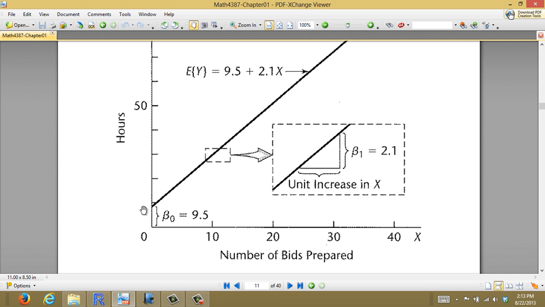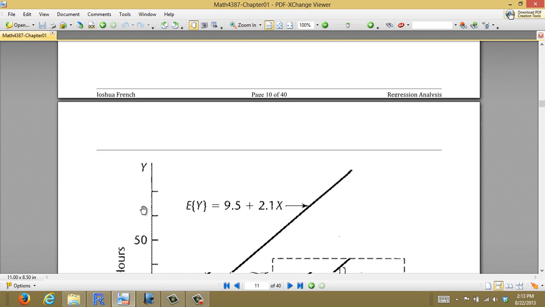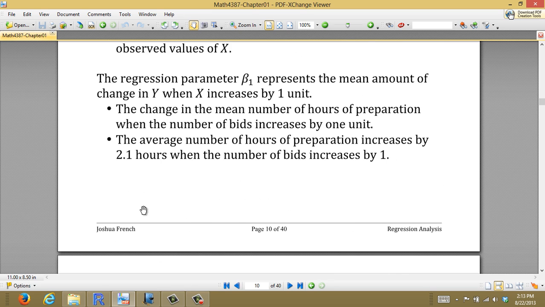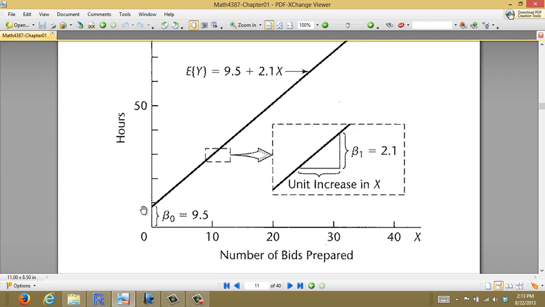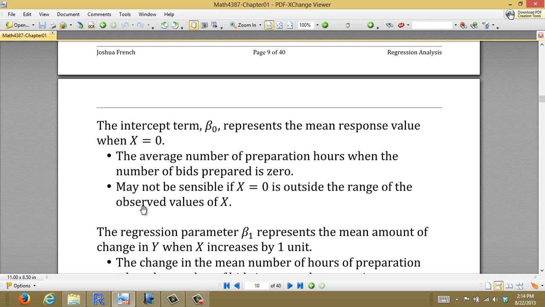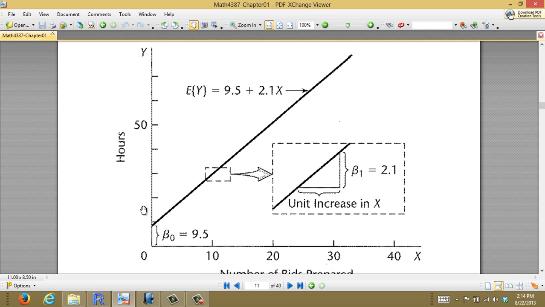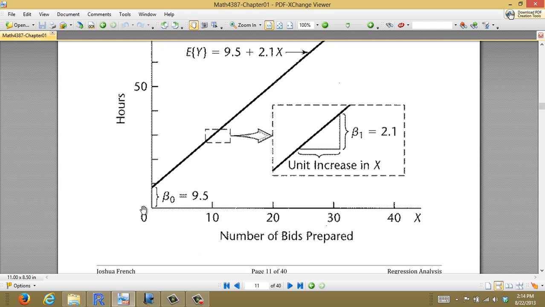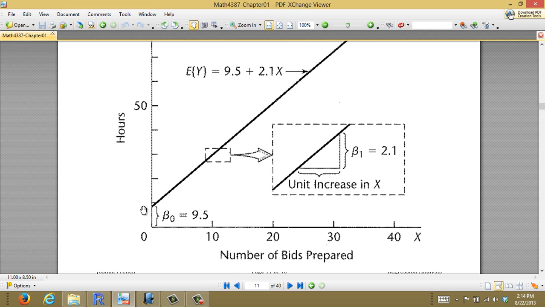And we can interpret it in this context that if there are no bids to be prepared, it still takes 9.5 hours to prepare a workup for the contractor, which of course doesn't make practical sense, right? If they're not making any bids, then it takes exactly 0 time. But that's outside the range of the observed data, which is why it doesn't make sense in this particular context.